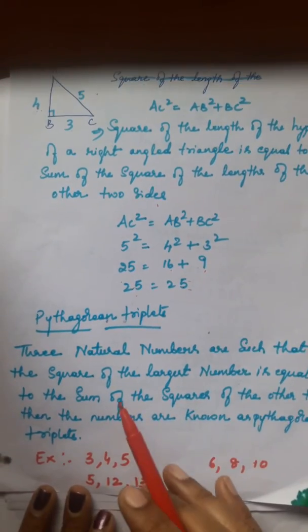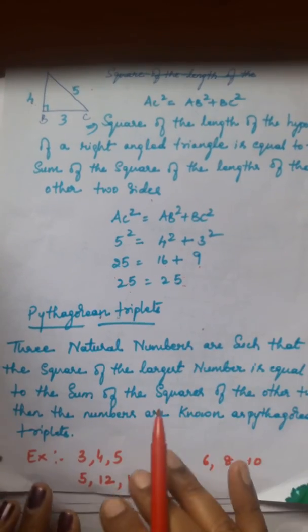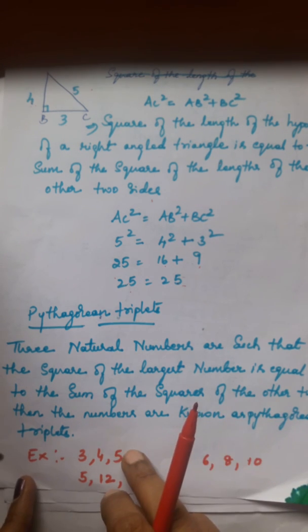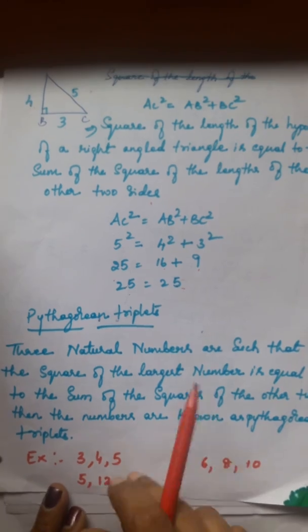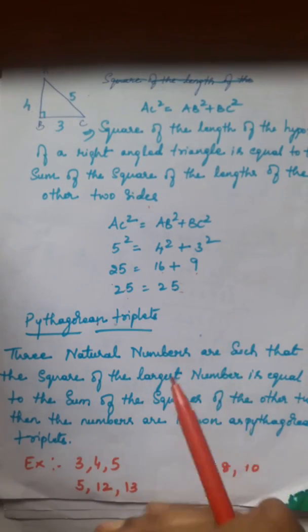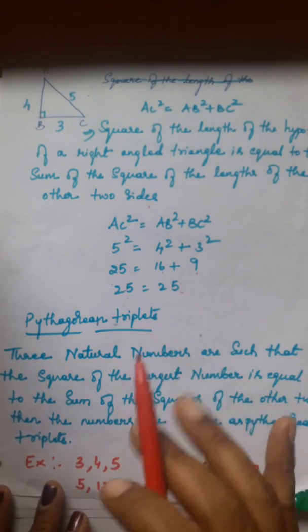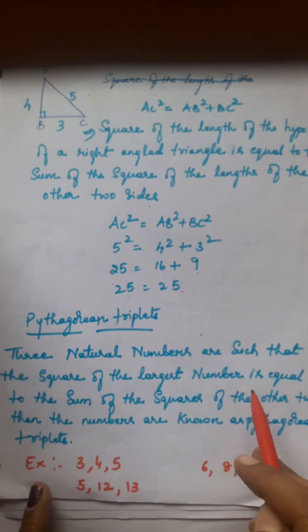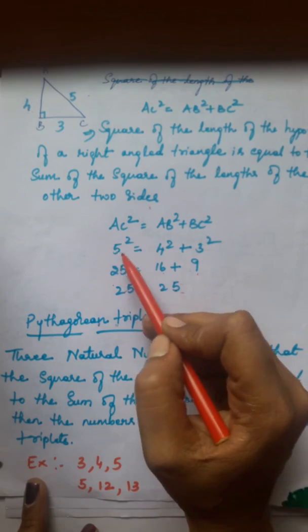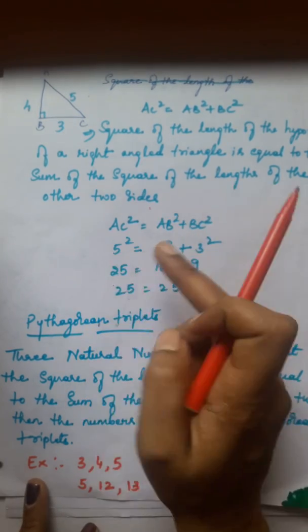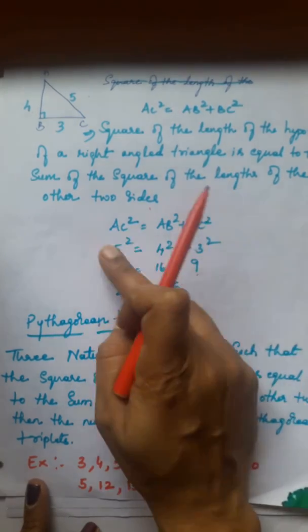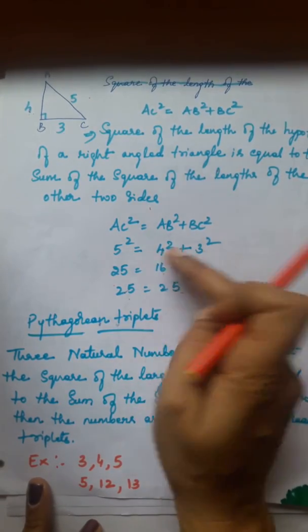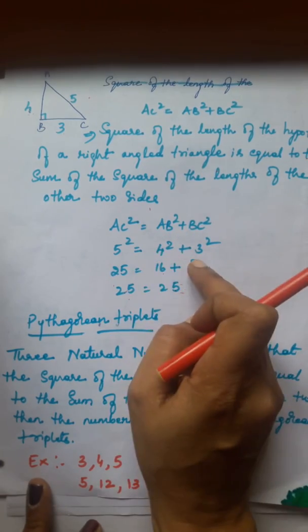Next is Pythagorean triplet. Triplet means three. Here we are going to take three numbers which satisfy the Pythagoras theorem. Pythagorean triplets are three natural numbers such that the square of the largest number, in 5, 4, 3 the largest number is 5, if we square this, will be equal to the sum of the squares of the other two numbers.